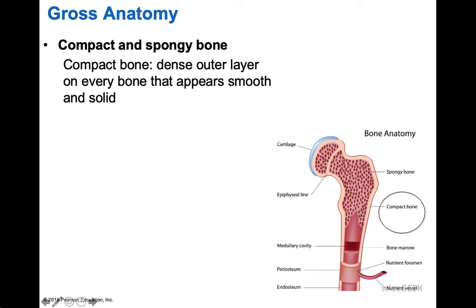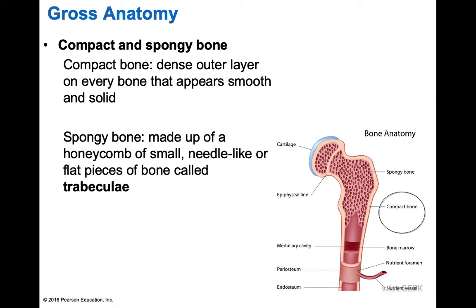So let's take a look at it. Your bone tissue has compact bone on the outside, and this is made out of a specific type of osteon that I'll talk about in a bit. So you have compact bone on the outside, and on the inside you have spongy bone. Spongy bone either has red bone marrow or yellow marrow in it, depending on which bones we're talking about. The spongy bone's official name is trabeculae.